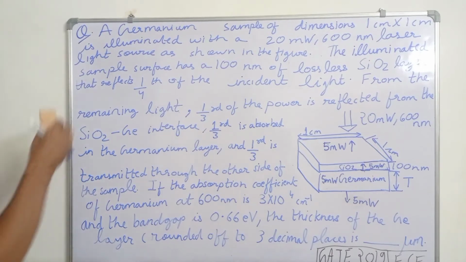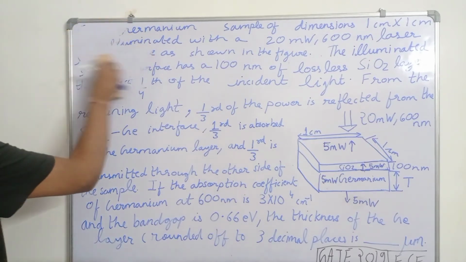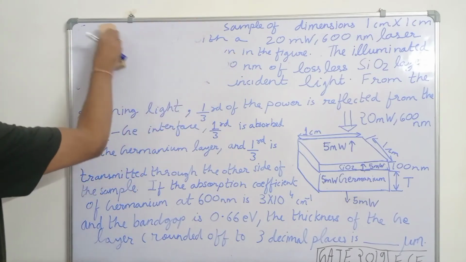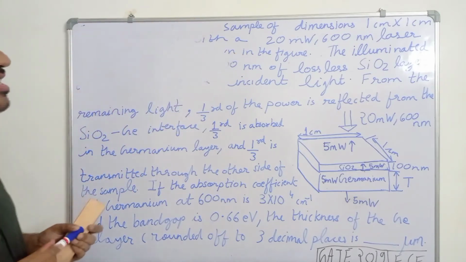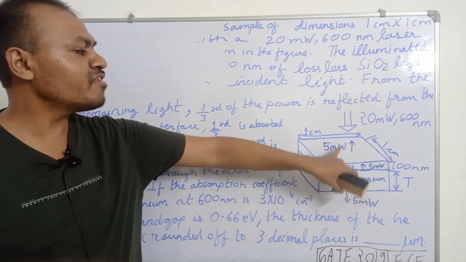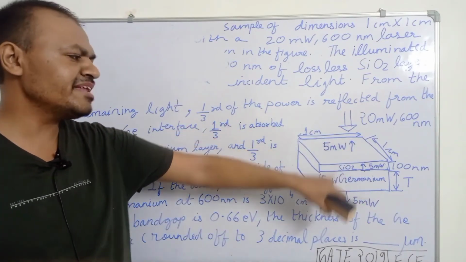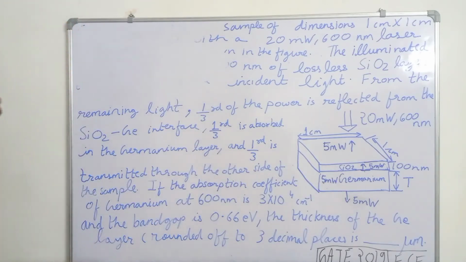We can draw a diagram like this. See, 5 milliwatt is reflected back by this SiO2 interface. Then 5 milliwatt is reflected back by the SiO2 germanium interface.